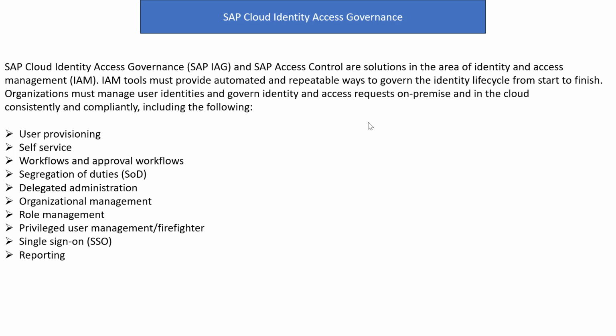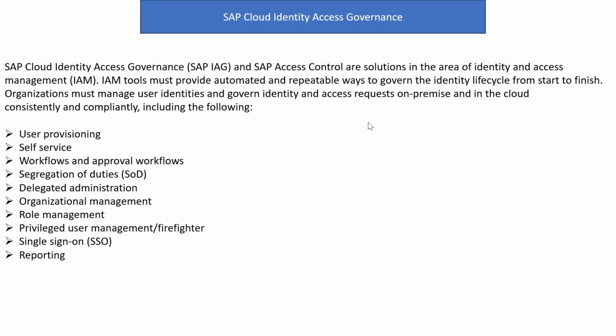If you are a new client and you are not using any compliance tool, then SAP would suggest you go for IAG directly. But if you are already an existing client with SAP GRC access control, understood? Okay. Now you want to migrate to SAP IAG. Migration of your GRC will not be possible fully.